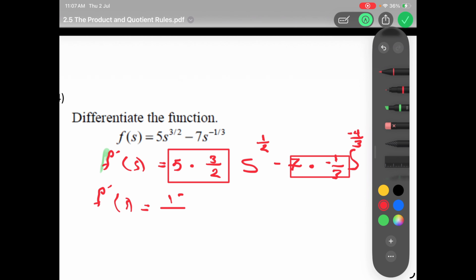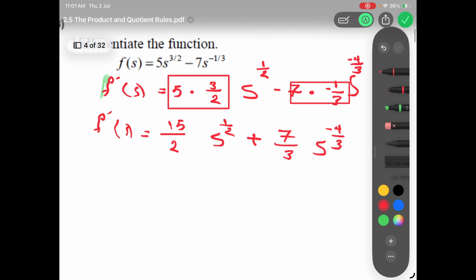So it will be 15 over 2 s to the 1/2, plus, because minus times minus, 7 over 3, so 7/3 s to the power of minus 4 over 3. As I told, we are done, that's it.